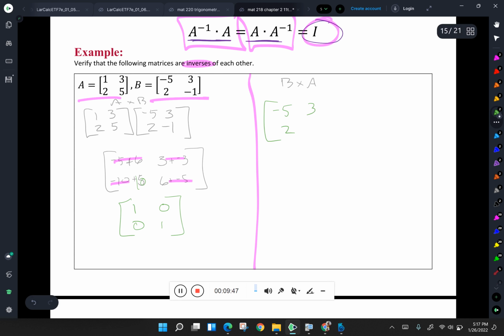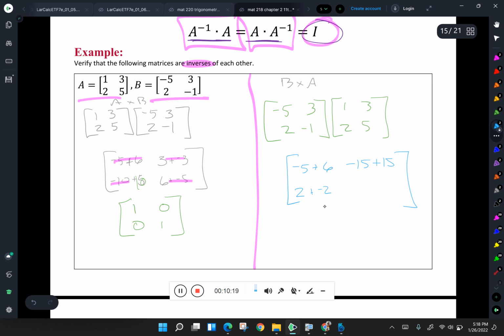-5, 3, 2, -1, multiplied by 1, 3, 2, 5. So let's see. -5 times 1 is -5, plus 3 times 2 is 6. First row, second column. Negative 5 times 3 is negative 15, plus 3 times 5 is positive 15. Second row, first column, 2 times 1 is 2, and then negative 1 times 2 is negative 2.